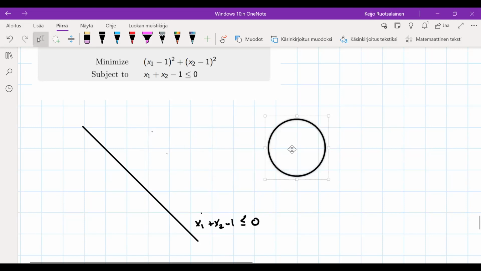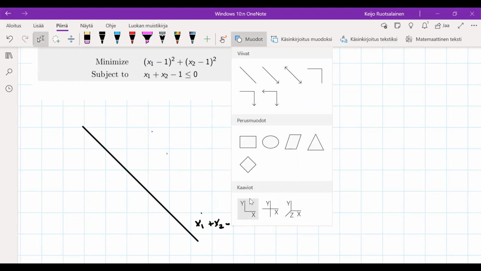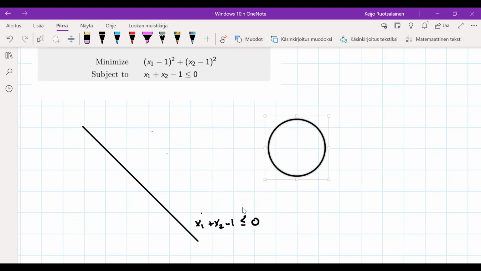Let's have first the coordinate system somewhere.